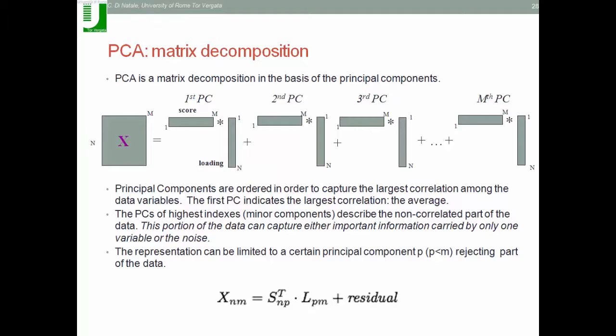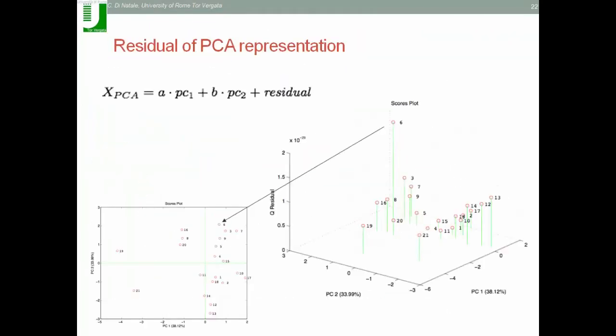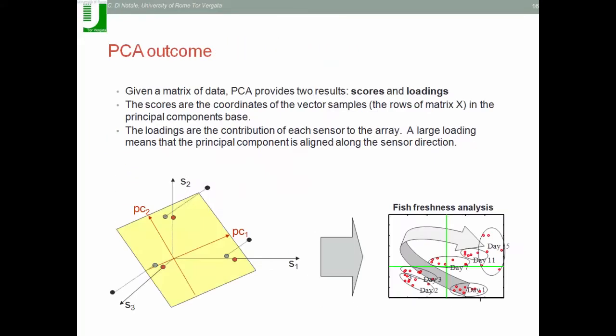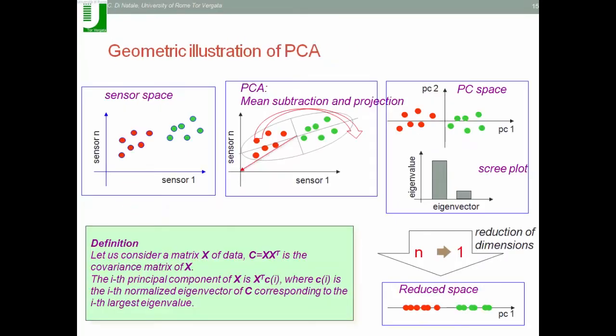I mean that each principal component captures the direction of large correlation. You see, the first principal component is the one along the largest correlation between the sensors. When we project along the first principal component, we leave the rest, and then we look for the maximum correlation of what we have left after that projection.